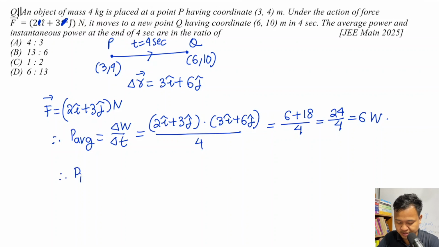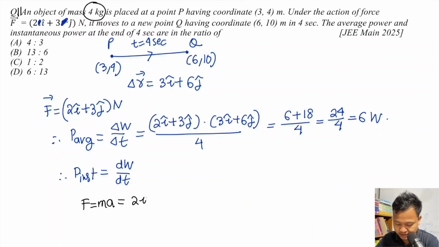Instantaneous power is dw by dt, so we need velocity. Mass is given, so I can write force equals m into a.